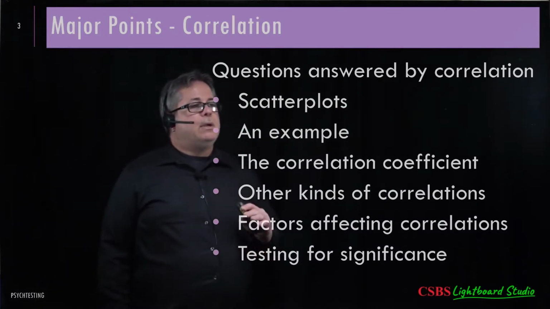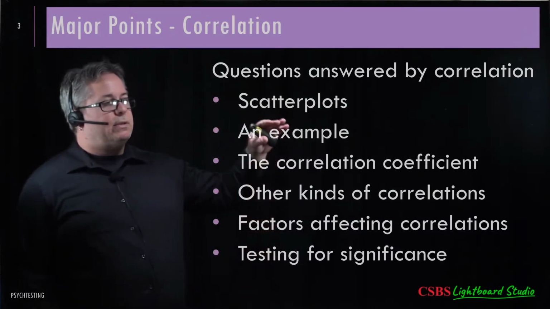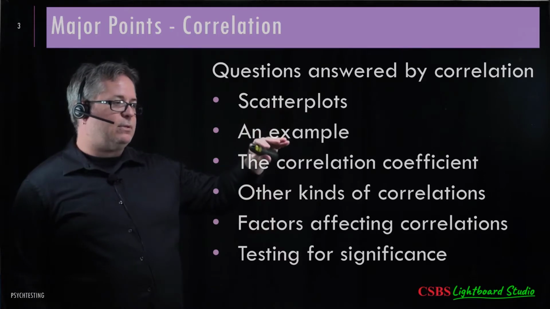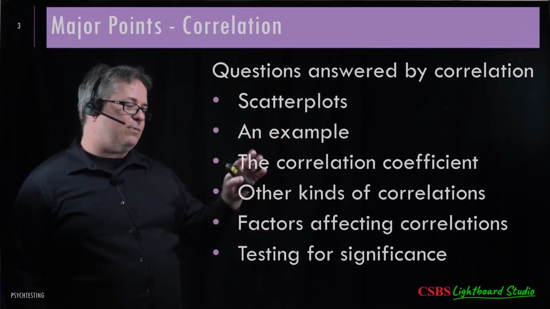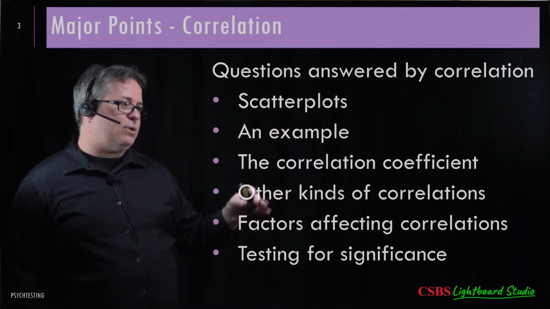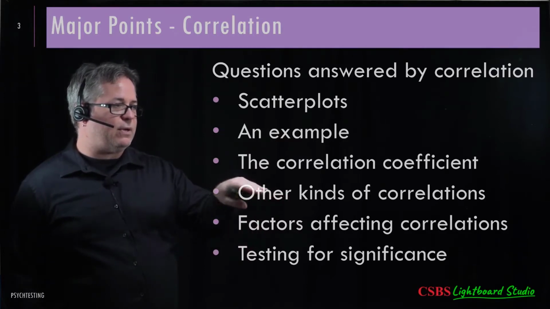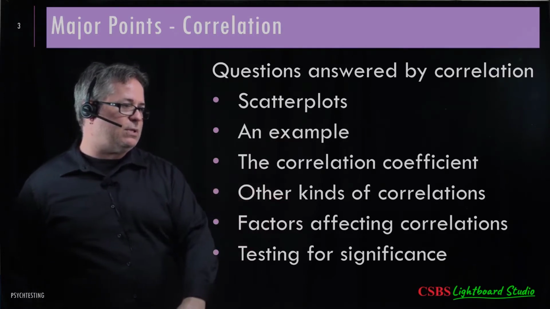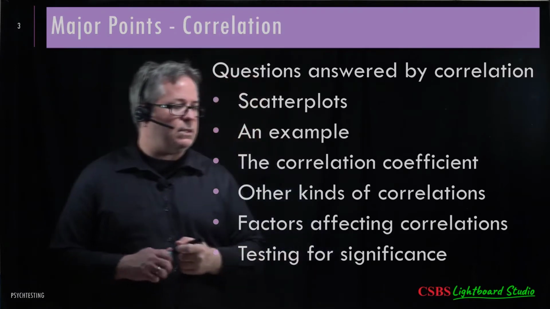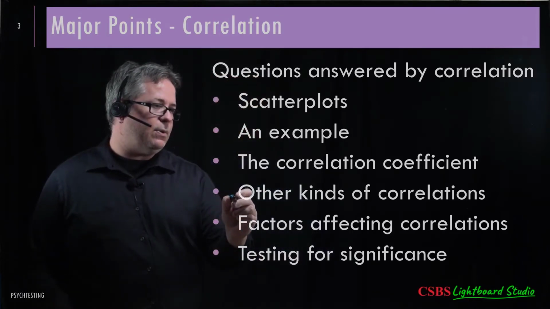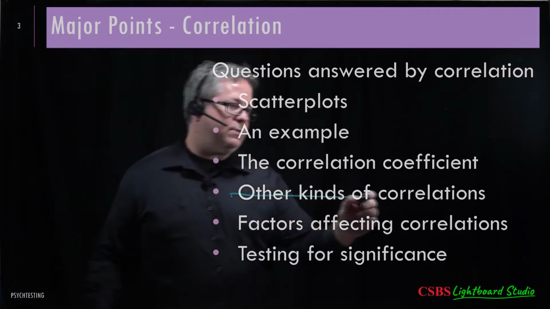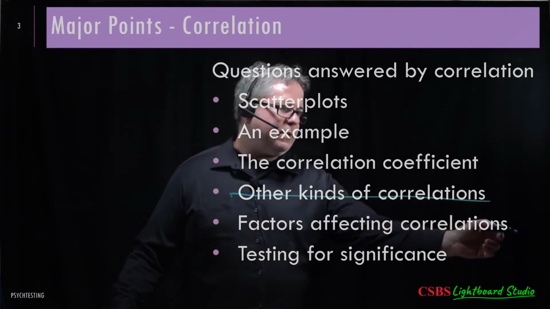So we're going to talk about, just a reminder, scatter plots, go through an example of correlation, the correlation coefficient. Actually, this stuff, the other kinds of correlations, factors affecting correlation, tests for significance, I realized I took it out, but I didn't take it out of this. So we're actually not going to talk about the other kinds of correlation or factors affecting correlation.